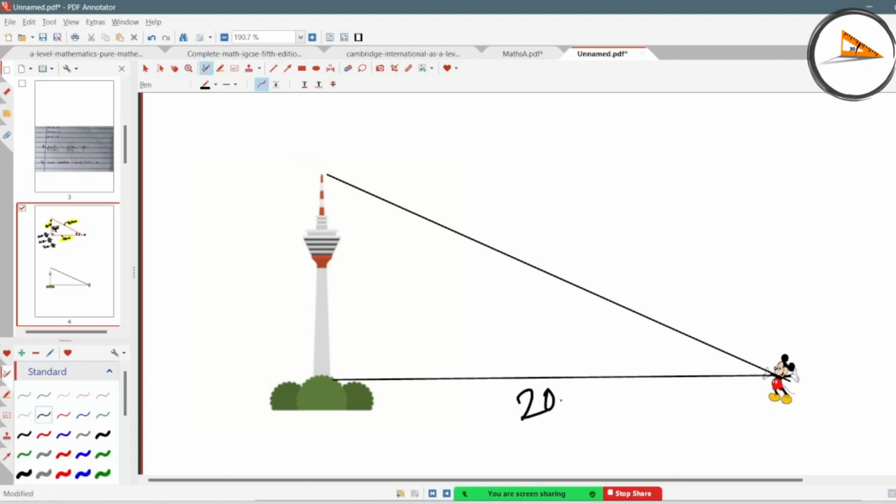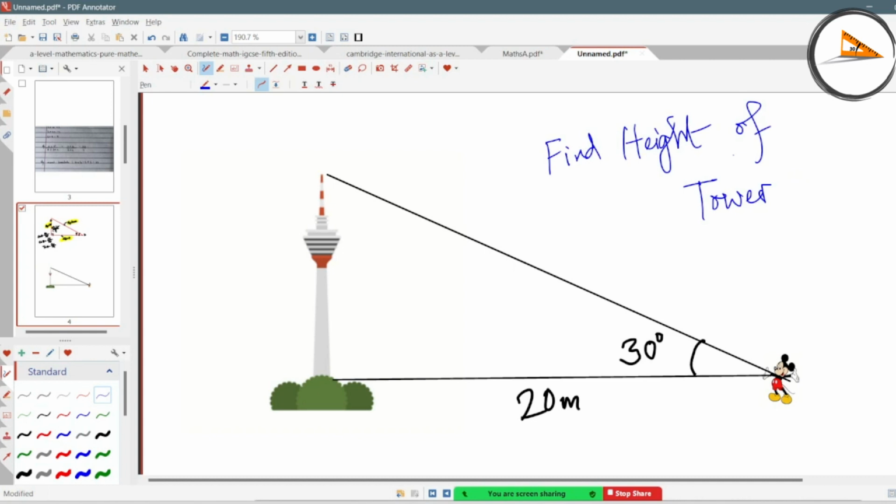If that is 20 meters and this angle is 30 degrees, find the height of the tower. So that is the question. Then we'll start searching what we have and what the requirement is. The requirement says find the height of the tower, so we need to find this, right?